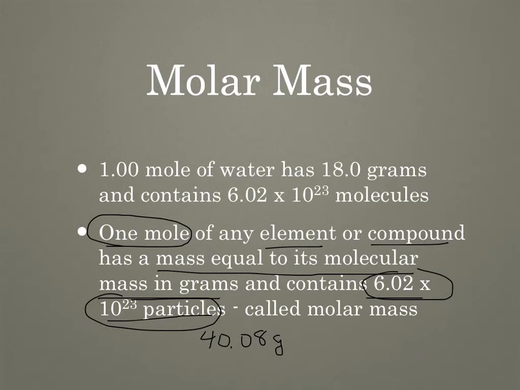Okay, that's what they're saying. A mole has a mass equal to its molecular mass, but we just do it in terms of grams instead of AMUs or Daltons, and it contains 6.02 times 10 to the 23rd particles. All this stuff we call the molar mass.